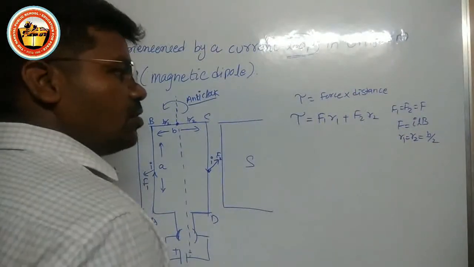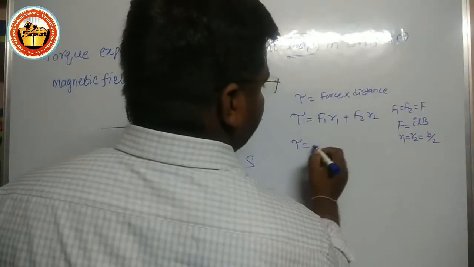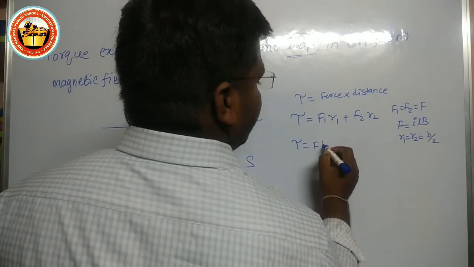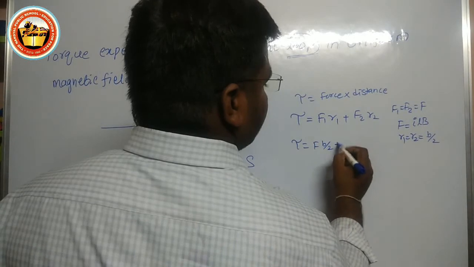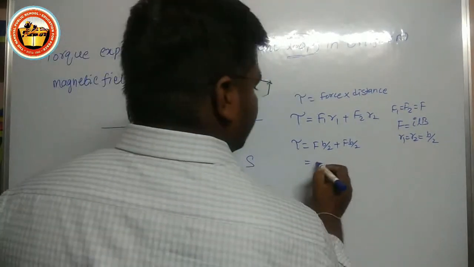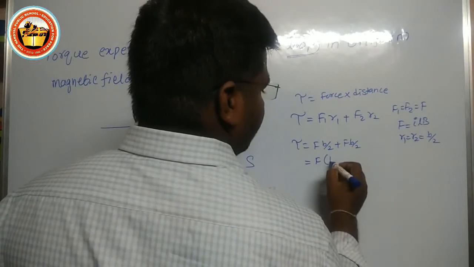So write F into b by 2 plus F into b by 2. F is common, so b by 2 plus b by 2 gives b.